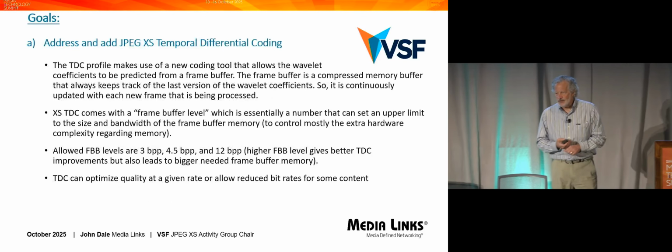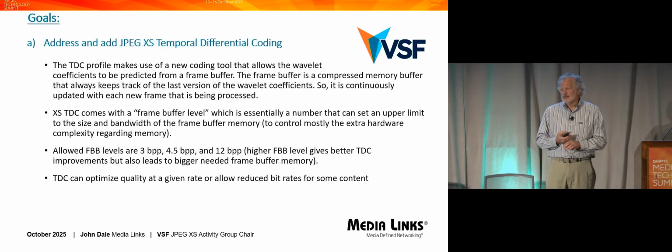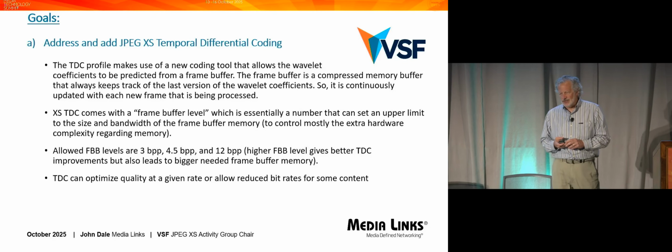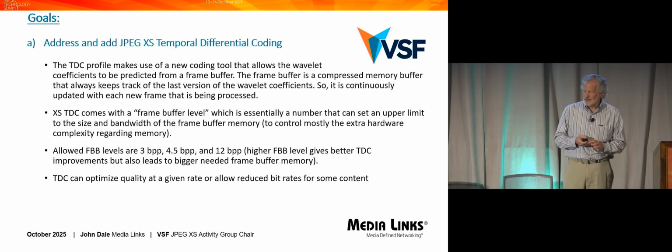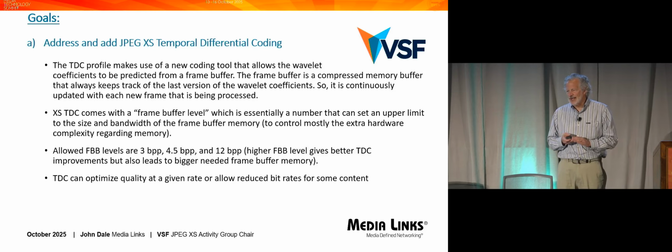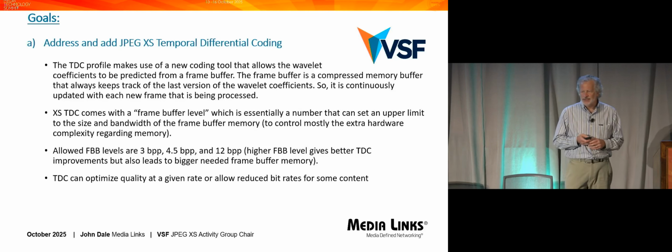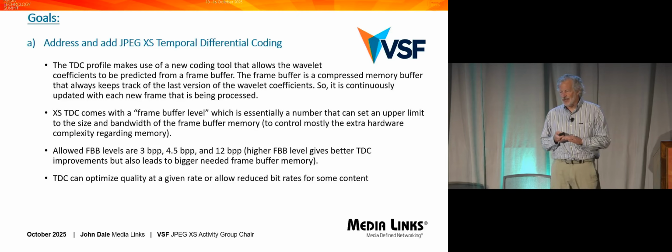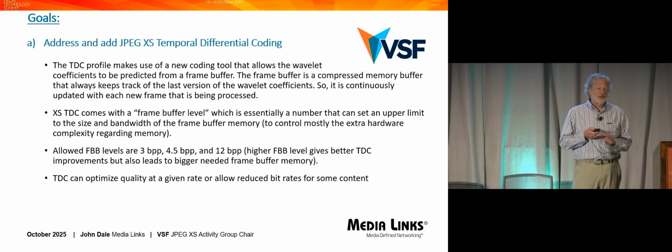So the first thing is TDC, which is temporal differential coding. This takes advantage of some buffering and looking at the wavelets and predicting what the wavelets will be in future portions of the picture. TDC can optimize at a given rate or allow reduced bit rates for some content.